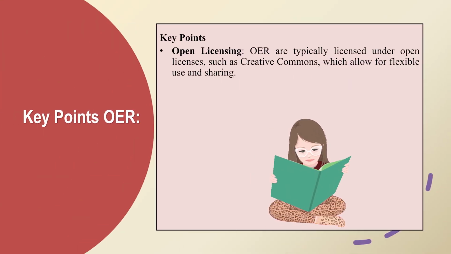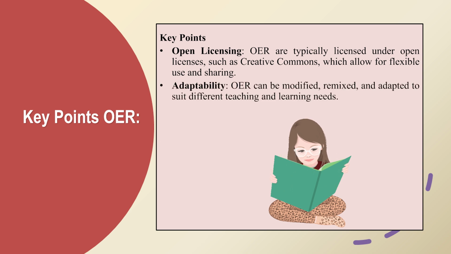The key points we are covering in open access, that you have to understand: open licensing, typically licensed under open licenses such as Creative Commons, which allow for flexible use and sharing. Adaptability: OER can be modified, remixed, and adapted to suit different teaching and learning needs.